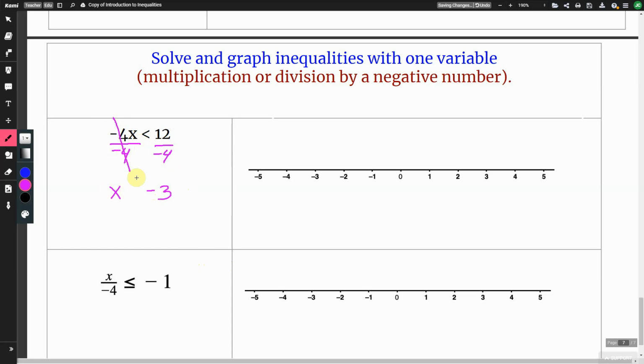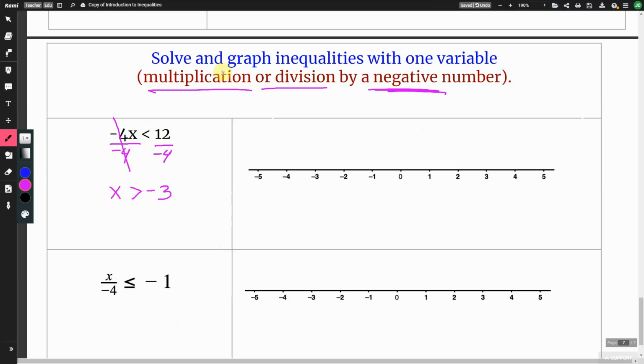Now, if you were to put this symbol right here, you'd be wrong. Okay? That is not correct. When you divide or multiply by a negative number, you have to flip the sign. Like that. It was less than, now it's greater than.